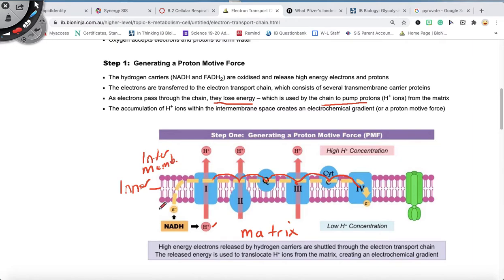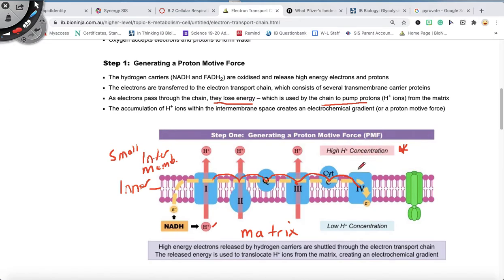And remember that before we talked about form fits function and we said that the intermembrane space was small, and we said that that was good. Yes, it's good because as these hydrogens get pumped from the matrix to the intermembrane space, they're able to generate a high hydrogen ion concentration.